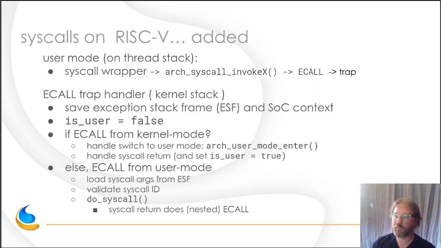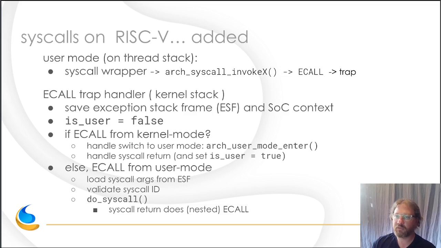There's a system call that does that. Also, system call returns from kernel mode back to user space go through here. So we first handle any kernel mode system calls, and then we get into actually user mode system calls.